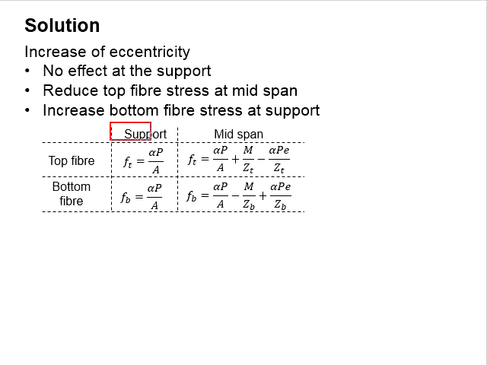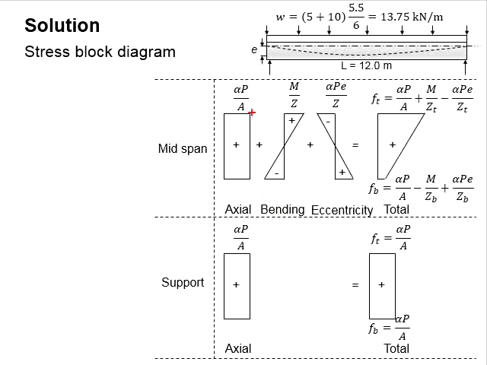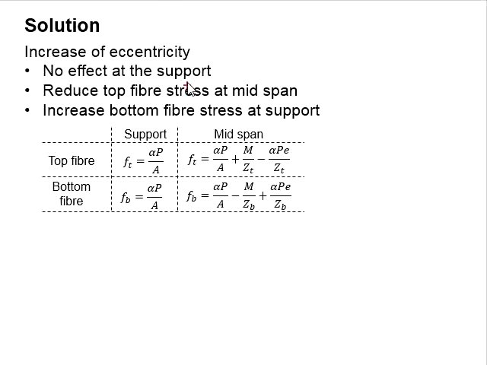By looking at the equations as you have developed from the stress plot diagram here, there is no eccentricity in the equations of the support. Therefore, increasing the eccentricity will impose no effect on the support.